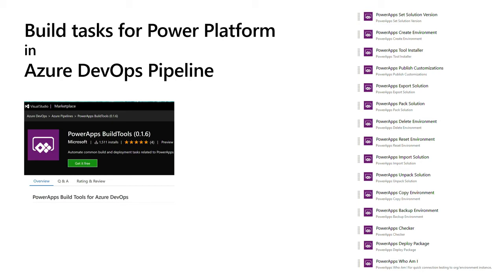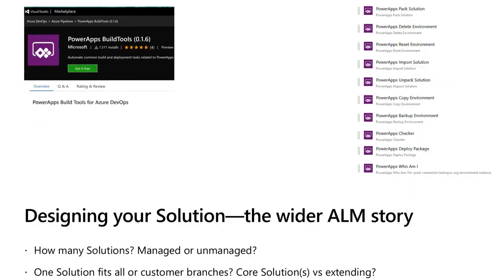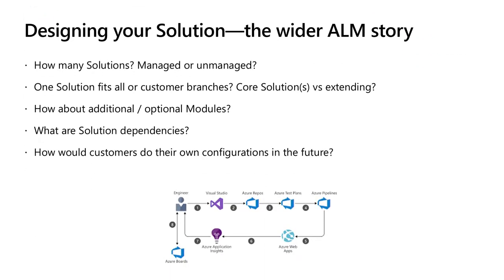So very straightforward, 15 tasks. They could allow you to do pretty much anything you would want. I would say probably 70 to 80% of what you want in a Power App, Power Platform, Dynamics 365 pipeline, you can have using those build tasks. But the challenge is designing that solution. And that's what we want to talk a little bit more about today.